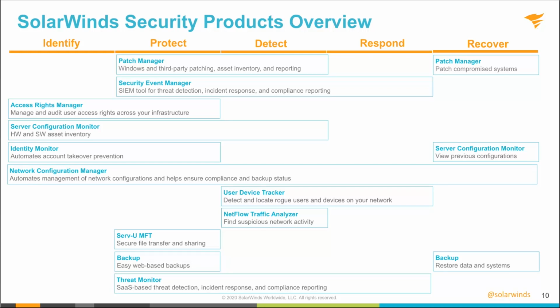Also our Server Configuration Manager, which does identify, protect, and detect. And also our Network Configuration Manager, which spans all those different areas because we have the ability of identifying, detecting, and responding to some sort of configuration change events. There's that automated real-time response, and so that recover response goes across all of those different areas in the system.